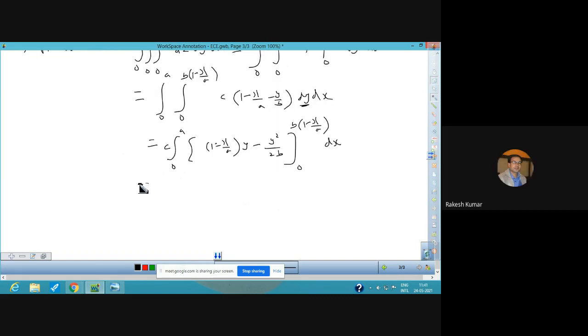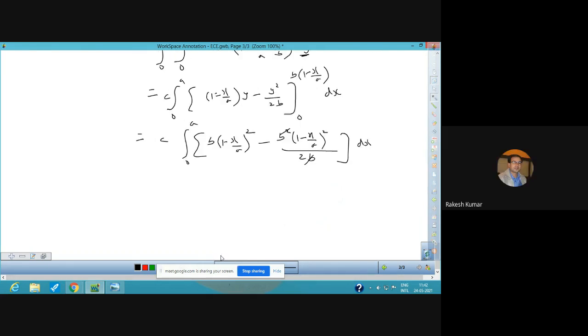Now you can substitute the limits. So c times integral 0 to a, put b times 1 minus x over a in place of y. It will give you b squared times 1 minus x over a whole squared upon 2b. So b is cancelled. You will have dx here.